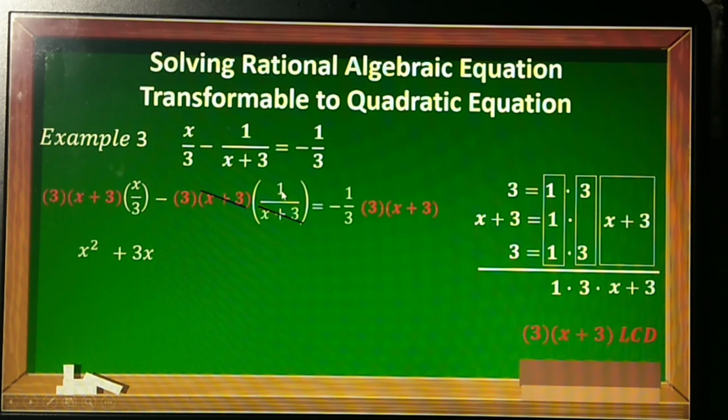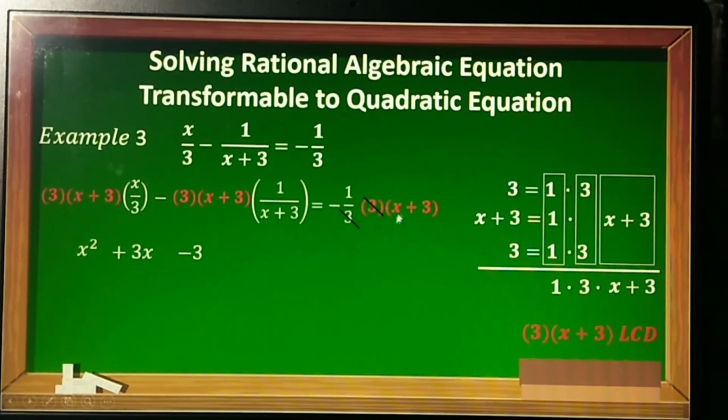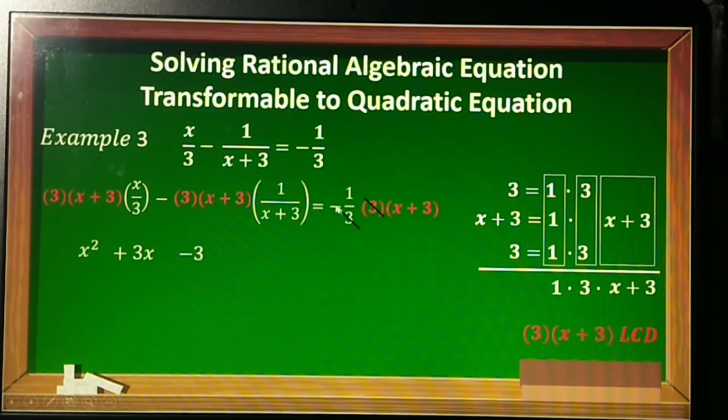I-distribute natin siya dito sa 1. So, negative 3 times 1 is negative 3. Here, ganun din. Cancel natin ang 3 at saka 3. So, ang natira, i-distribute lang natin. Negative 1 times x is negative x, then negative 1 times 3 is negative 3. So, i-arrange lang natin actually.